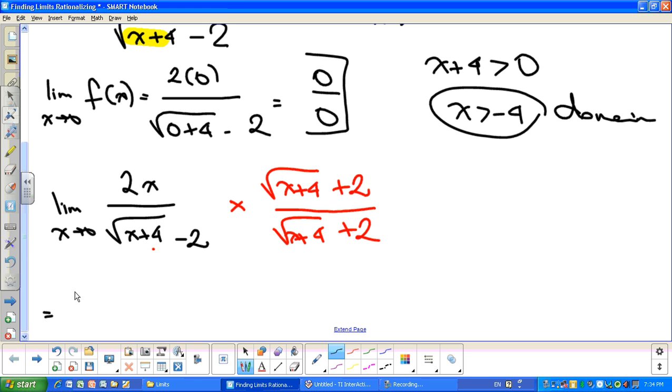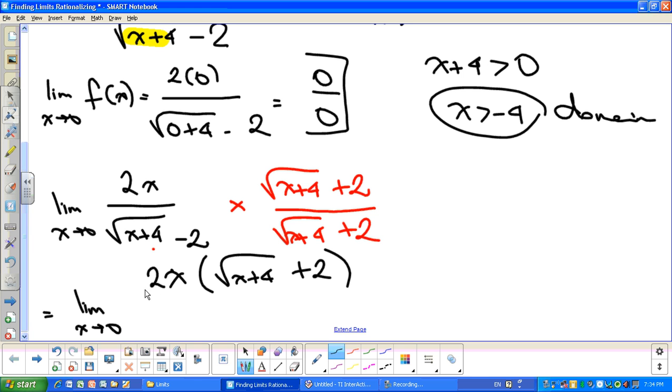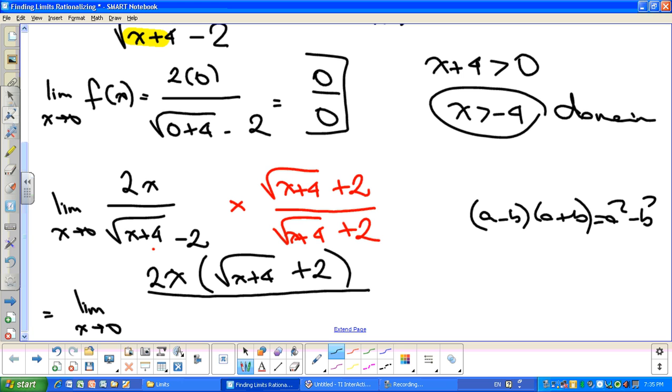So my expression becomes limit as x approaches 0 of 2x, open a bracket, square root of x plus 4 plus 2, divided by the square root of x plus 4 minus 2 times square root of x plus 4 plus 2. That is a minus b times a plus b, which is nothing else but a squared minus b squared.